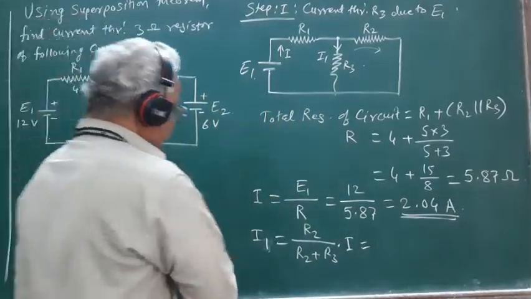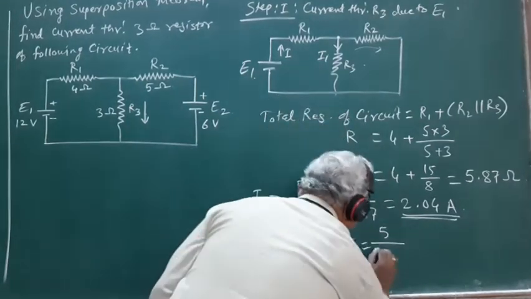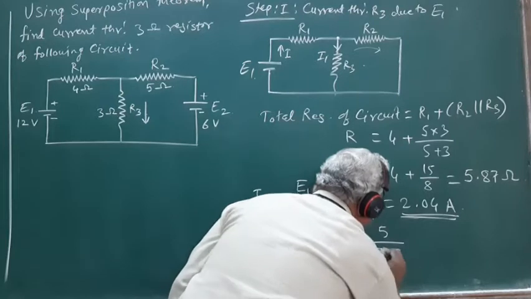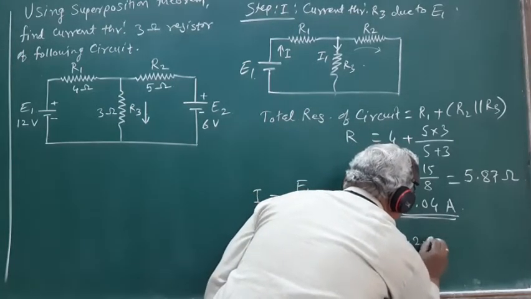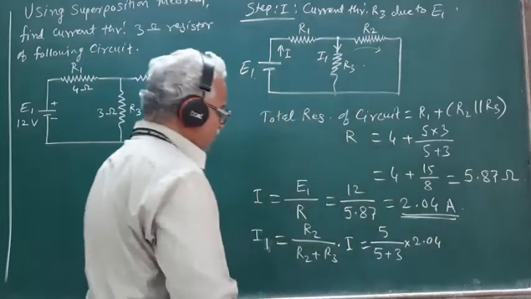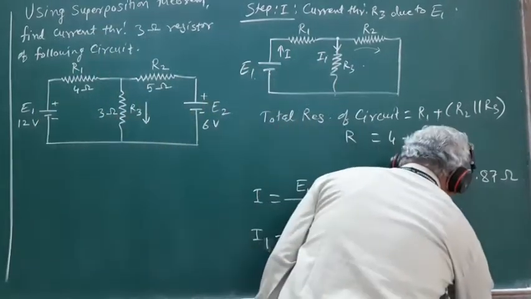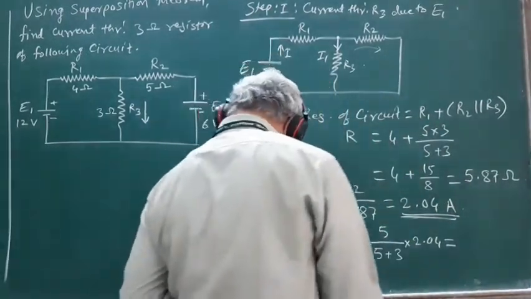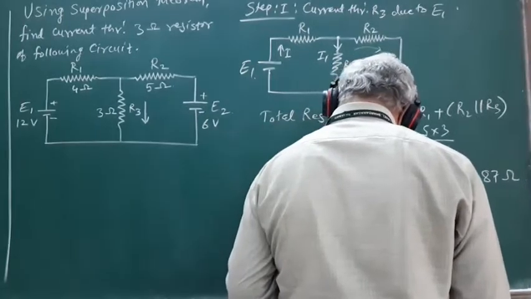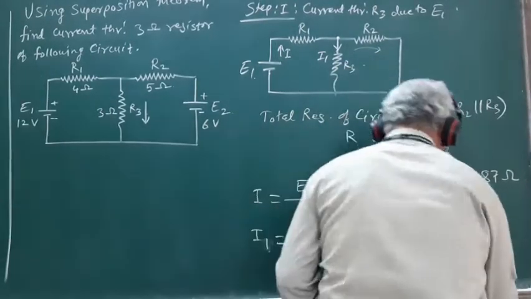R2 here is 5 ohm divided by 5 plus 3 into the total current sent by the source, 2.04 ampere. So I1, if we solve this, is 5 upon 8 into 2.04. So this works out to be equal to 1.27 ampere.